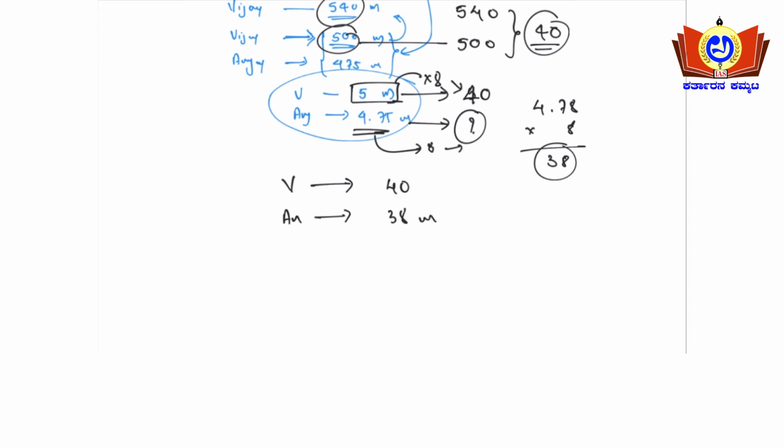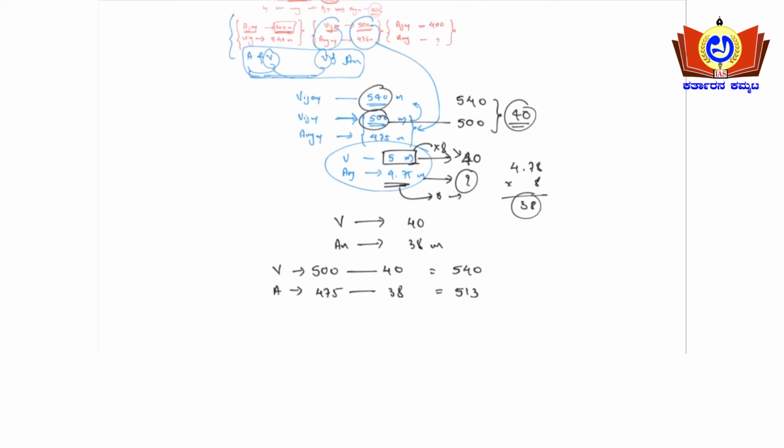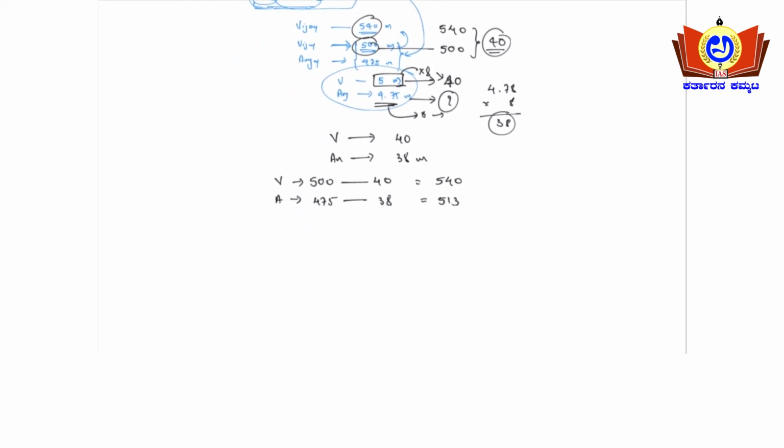Okay, so for 500 meters Anjay will be traveling 475 meters, and for 40 meters, 38 meters. So for 540 meters, 475 plus 38, that is 513 meters. Now I can equate all three in ratio form.